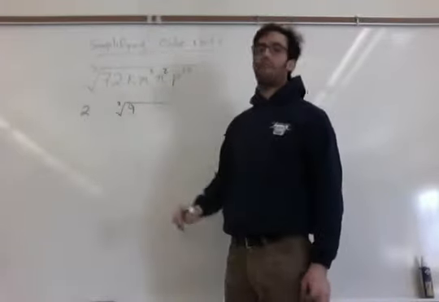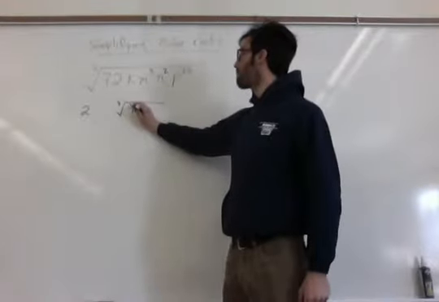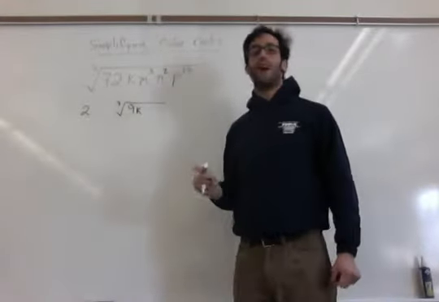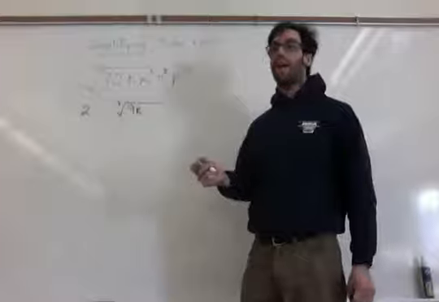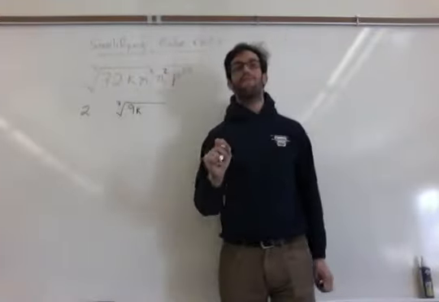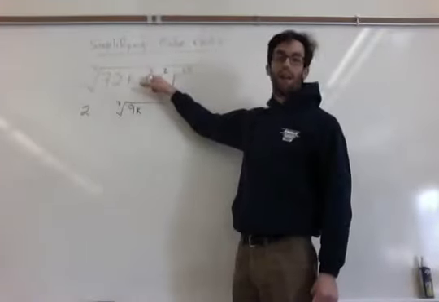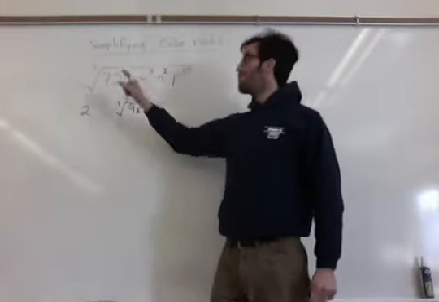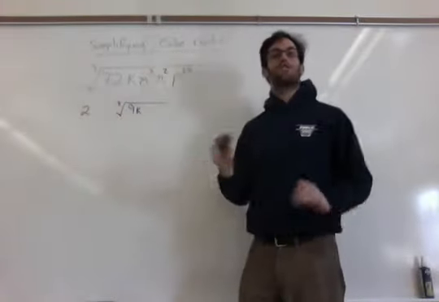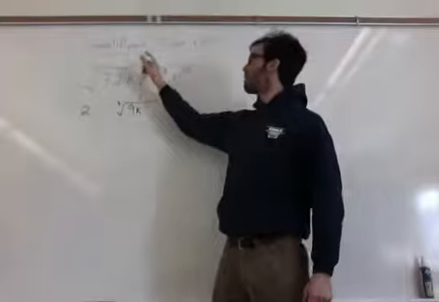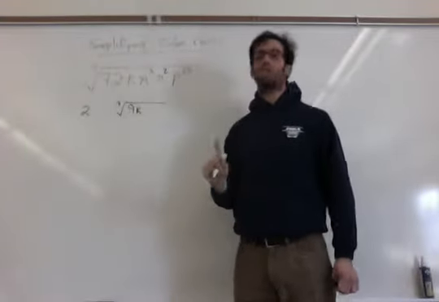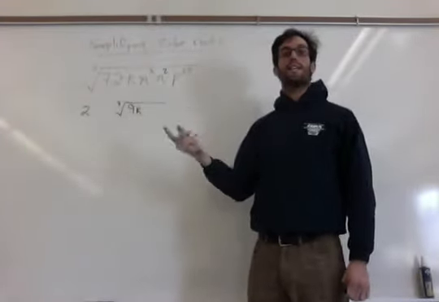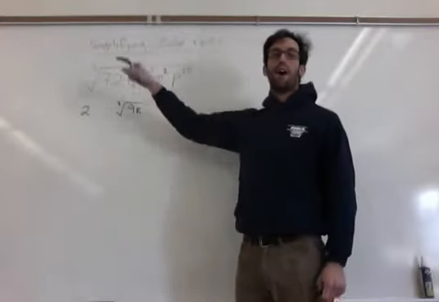Now, the cube root of k, again, I can't do anything with that. The cube root of m cubed is just m, okay? It's just m to the first. Whenever this exponent underneath the radical is a multiple of that index, you just straight up divide this by this. 3 divided by 3 is 1, and that tells you the exponent on this variable on the outside.